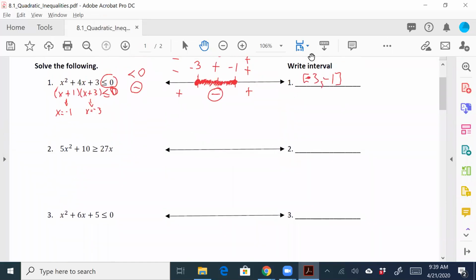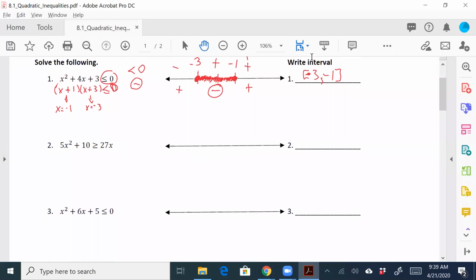Let's do number 2. So with number 2, we don't have 0 on the right-hand side. We have 27x. And so I'm going to subtract 27x from both sides. And that would give me 5x squared minus 27x plus 10 is greater than or equal to 0. And then we have to factor this.